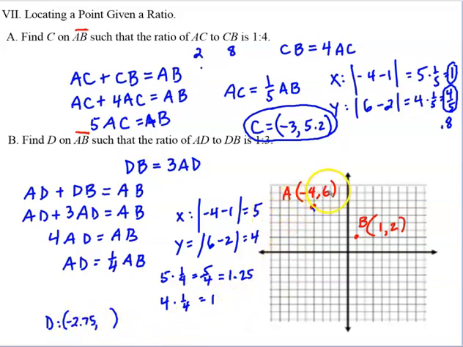And then the 6 is the y coordinate, and remember we're going down, so that means we're going to need to subtract the 1, so 6 minus 1 is 5. So that is our coordinates for D that will represent this ratio of 1 to 3, where DB essentially is 3 times longer than AD.